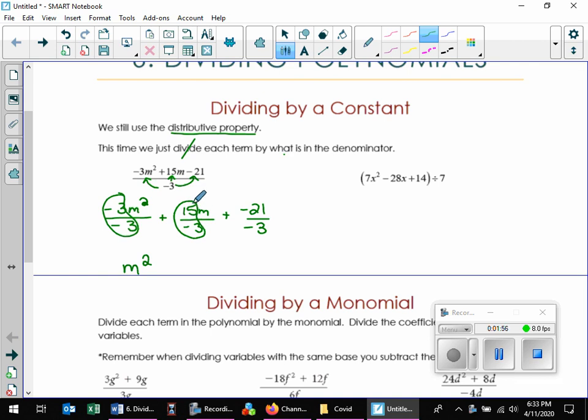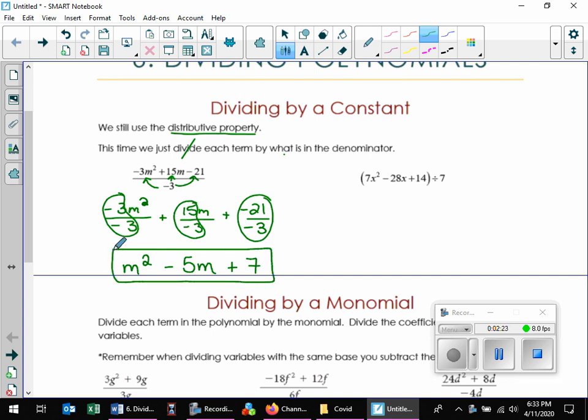A positive divided by a negative, so our answer is going to be negative. That's going to be a negative 5m, so I'm going to write it as subtract 5. And then negative 21 divided by a negative 3: our answer is going to be positive, a positive 7. So that's our answer there.